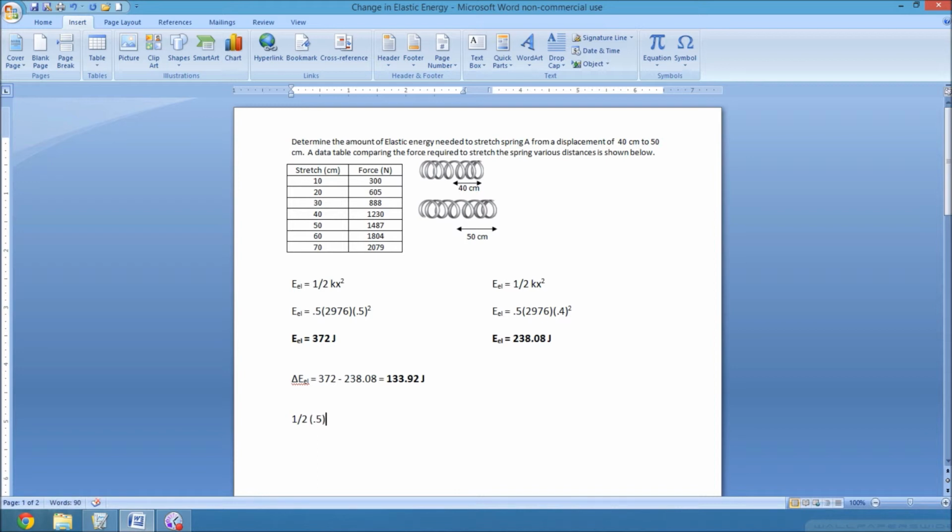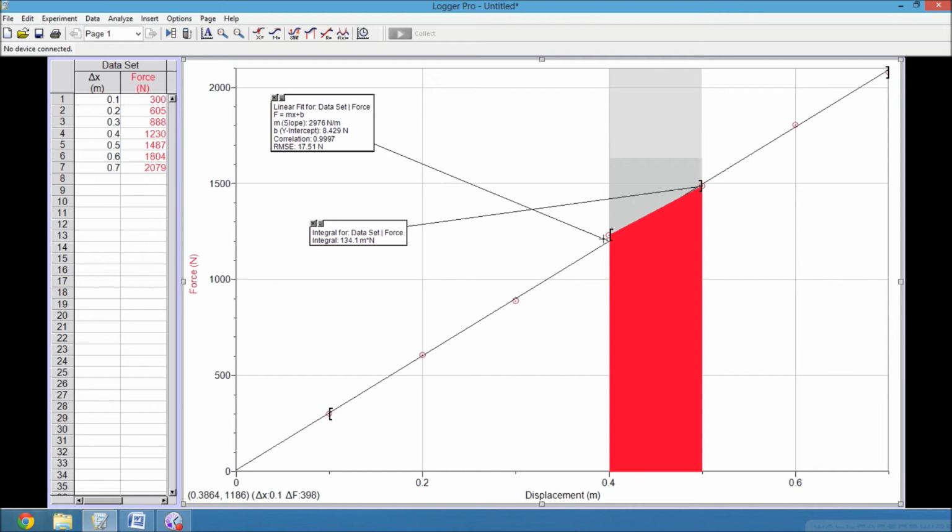0.5. And the height was, at 0.5, we're at 1487. So 1487 times 0.5 times 0.5 gives you 371.75. And for our little triangle, that would be this triangle here.